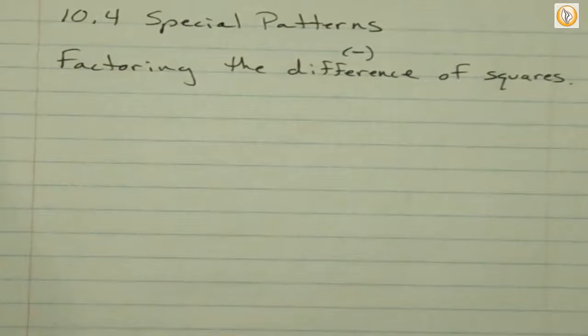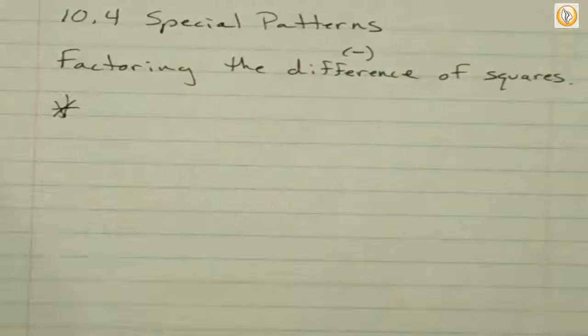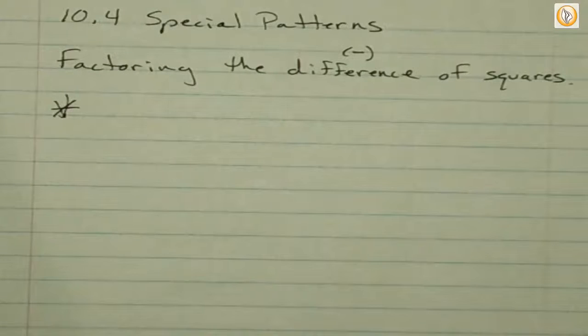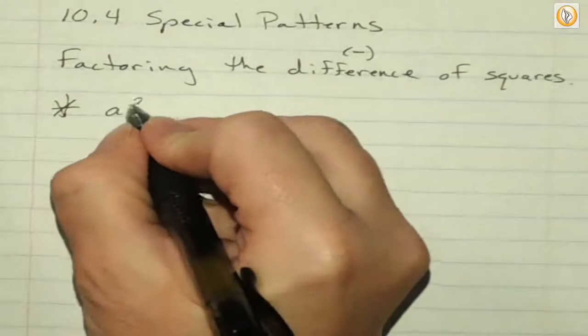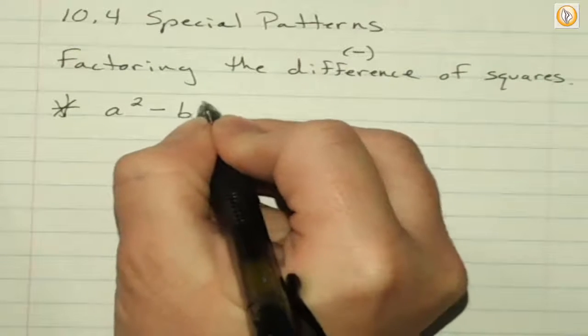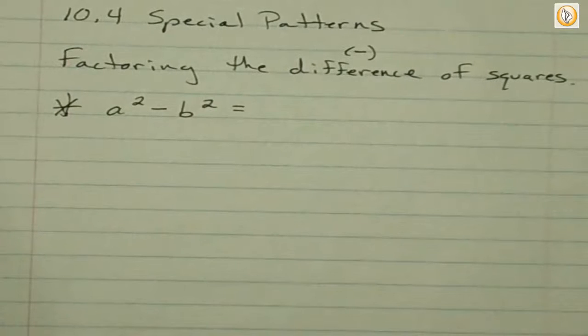All right, factoring the difference of squares. For example, now make sure your examples are nice and neat. A squared minus B squared. So we have to factor that.